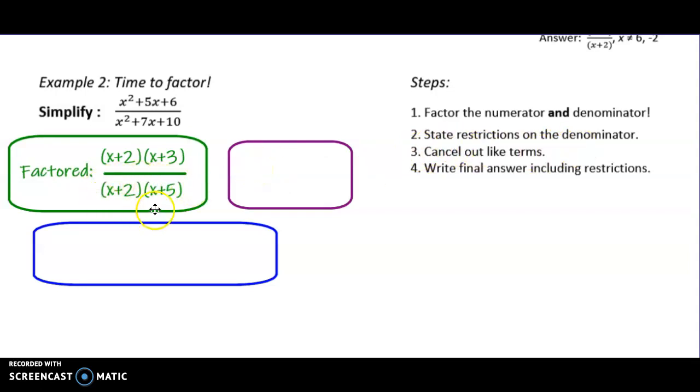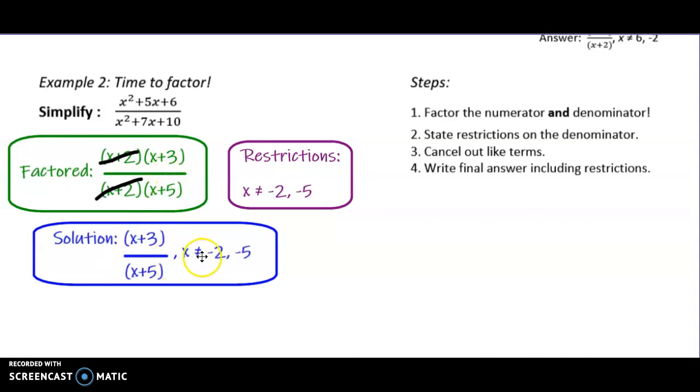So if I look in the denominator, the two x values that would make the denominator 0 are -2 and -5. Now I cancel out any like factors, x plus 2 and x plus 2. And when I do that, I get my final answer of x plus 3 over x plus 5, where x does not equal -2 or -5.